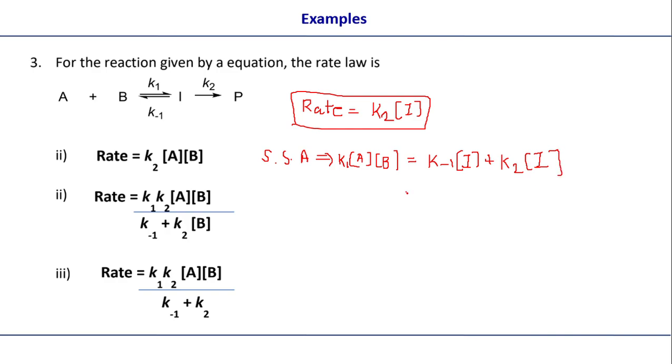Now you will take I constant, and K minus 1 plus K2 will come in the denominator.